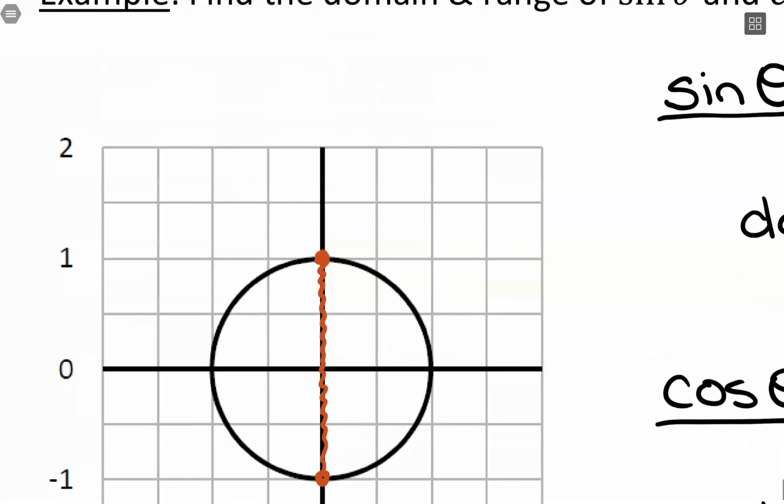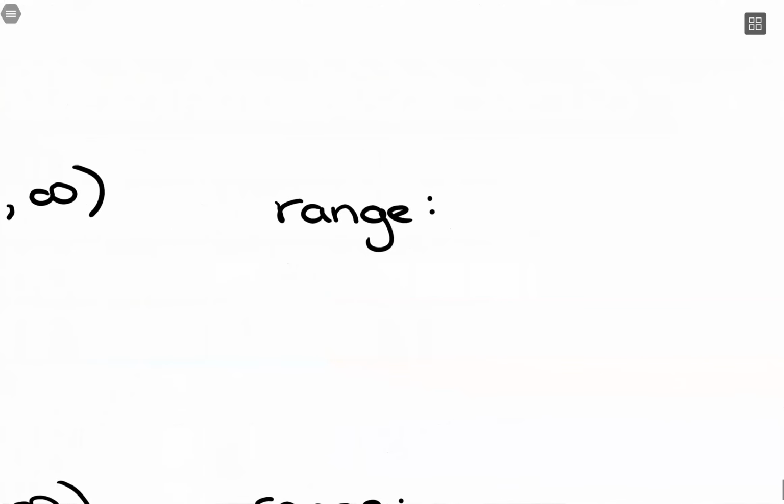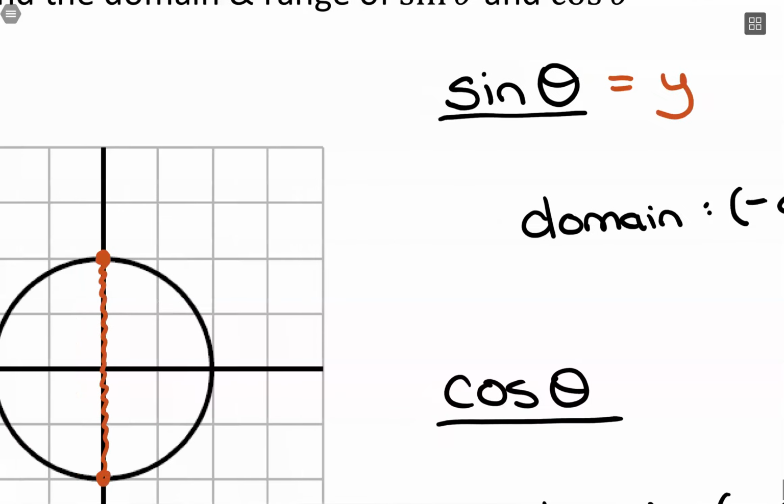So our range for the sine function is we're restricted between -1 and +1 inclusively, including those endpoints. So our range, use the square bracket, so we include that -1, go to +1, including that endpoint. So we can have any values between and including -1 and +1.